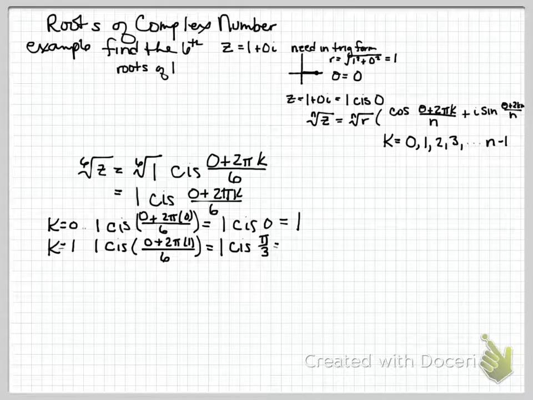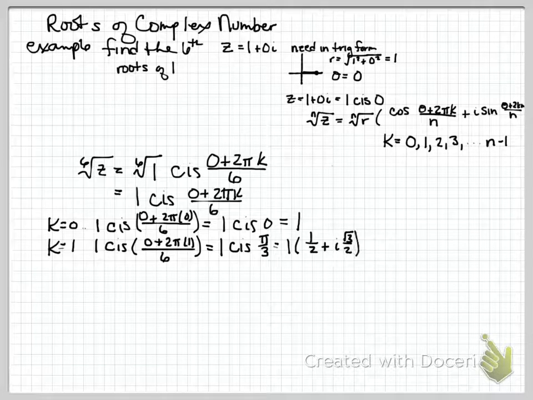If I expand that out, it's 1 times the cosine of pi over 3, which is 1/2, plus i times the sine of pi over 3, which is root 3 over 2. If we were to graph it, it's up here. So that's the next root when k is equal to 1.